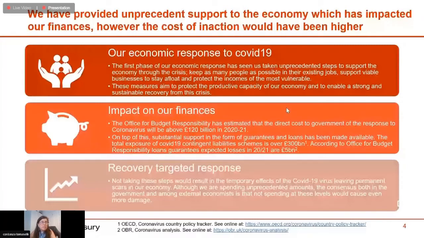On top of this, there has also been a lot of support in terms of loans and guarantees, and we know from Office for Budget Responsibility data that the total exposure of these schemes is over 300 billion, and the expected costs from loans and guarantees are expected to be 5 billion in 2021.